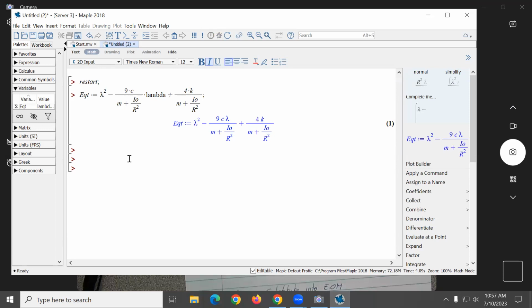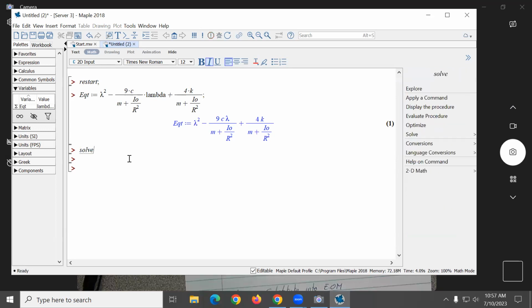Okay, so what do we need to do? Solve EQT for lambda.